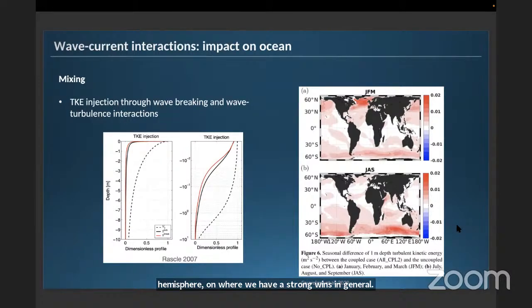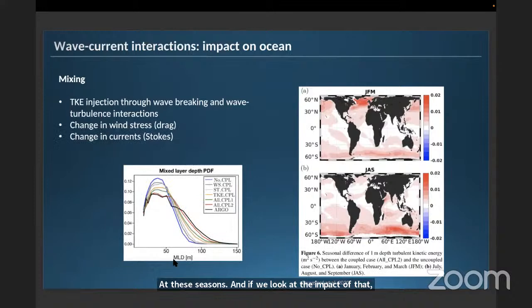And if we look at the impact of that, for example, on the mixed layer depth, it's given here. So this is a probability density function of the mixed layer depth. In black, it's with Argo data, and the various colored lines are the model including different terms associated to coupling with waves. So we can include the Stokes drift, of course, we can include the turbulent kinetic energy change, but also the change in the wind stress.